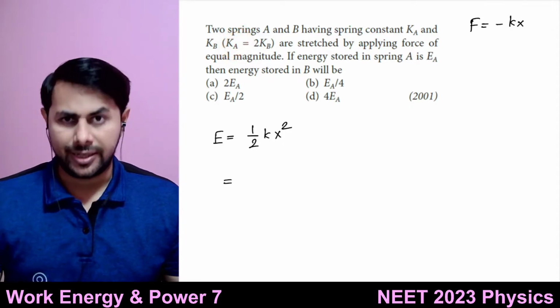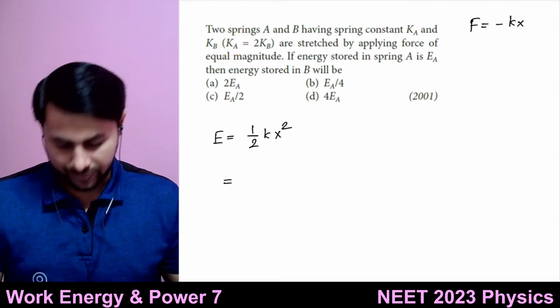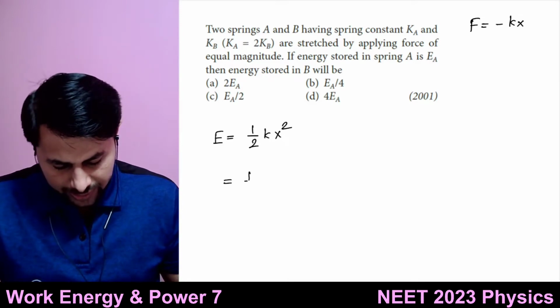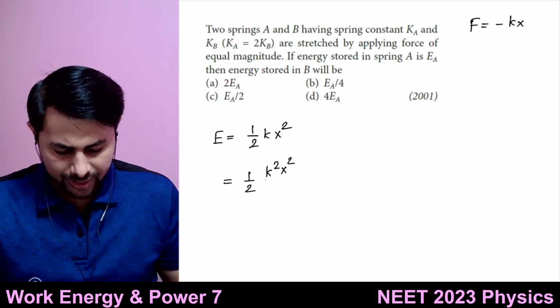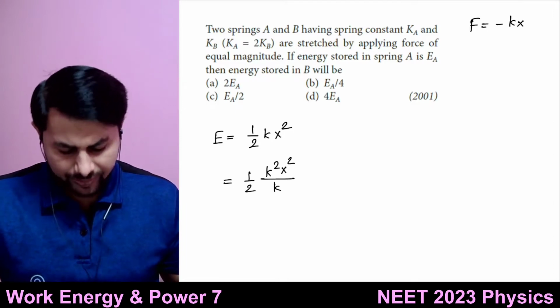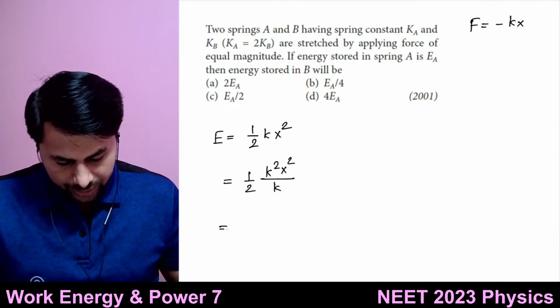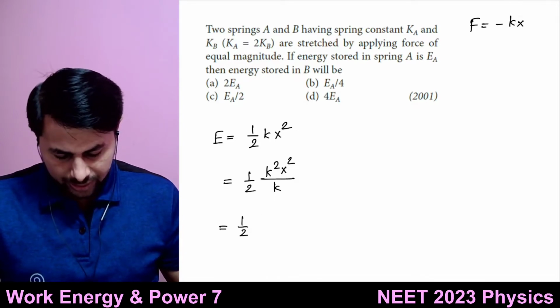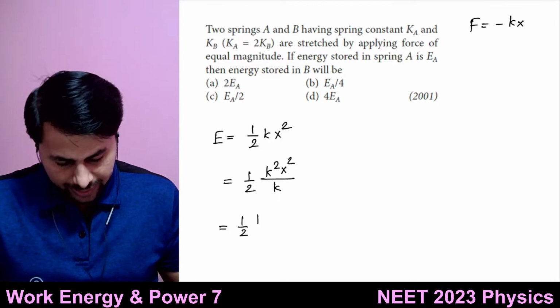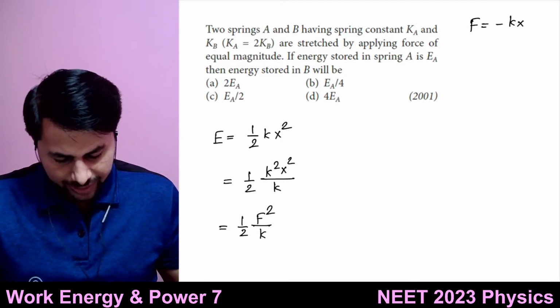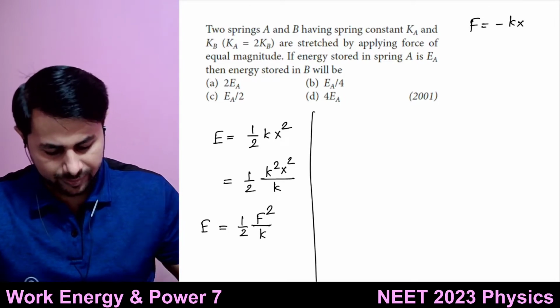I am not given X. So what I will do is multiply by K so that this becomes K square X square, and I will divide by K. So this becomes half of K square X square over K, which is half F square divided by K. This is my formula for energy.